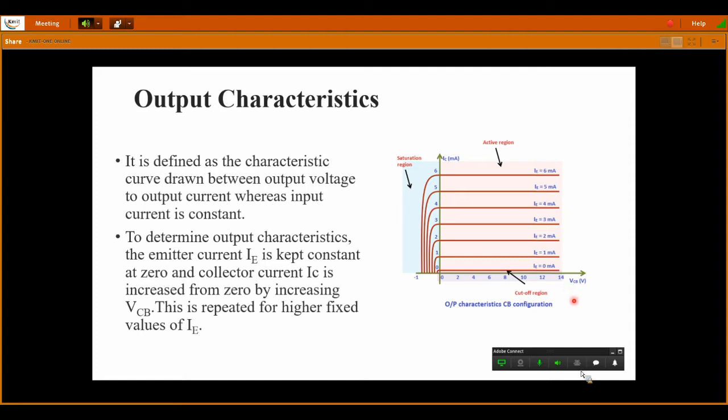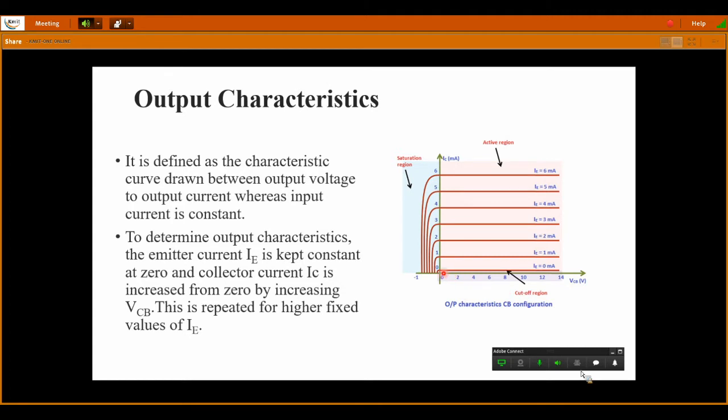It is just independent of your output junction voltage. The carriers which move from your emitter and enter into the base can then be pulled out by this reverse bias voltage VCB. Only for that purpose are we applying the reverse bias voltage here, but the output doesn't depend on it, so a gradual increase in current with respect to the output voltage does not take place in the output characteristics.